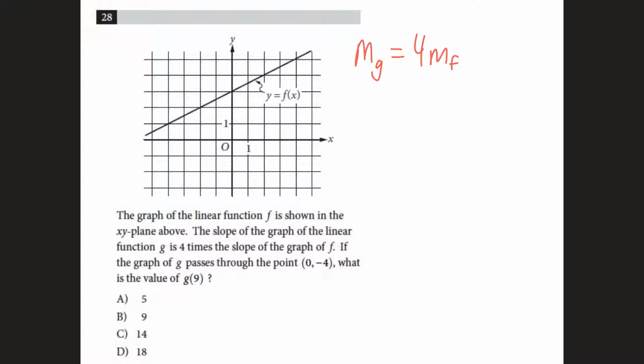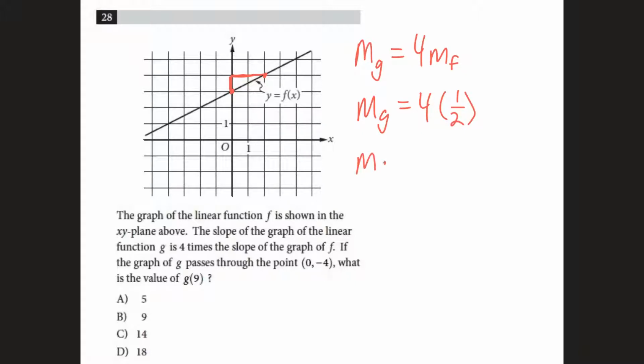Well, what is the slope of f? The slope of f is just the change in y divided by the change in x. In this case, it looks like it's a change in 1 over a change in 2. So the slope of f is 1/2.